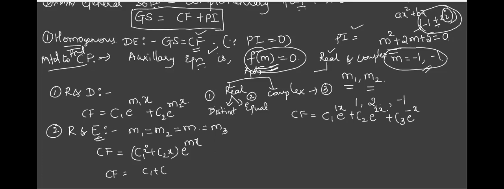Now try to tell me correctly. C1 plus c2x plus c3x square, e raised to mx. Very good. For example, suppose you have -1, -1. Tell me the complementary function.